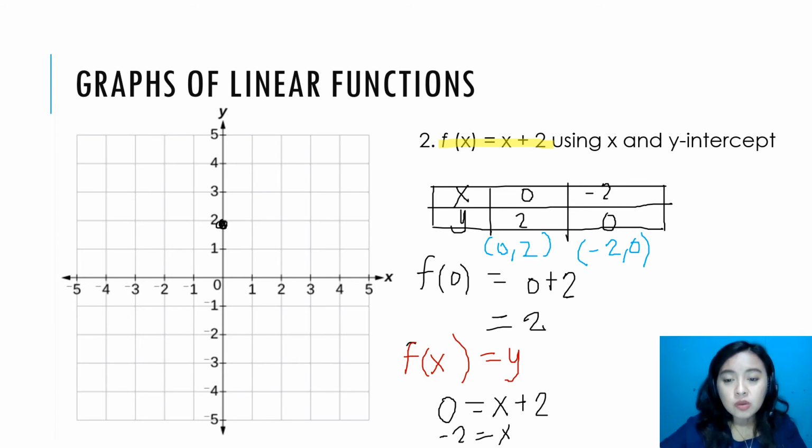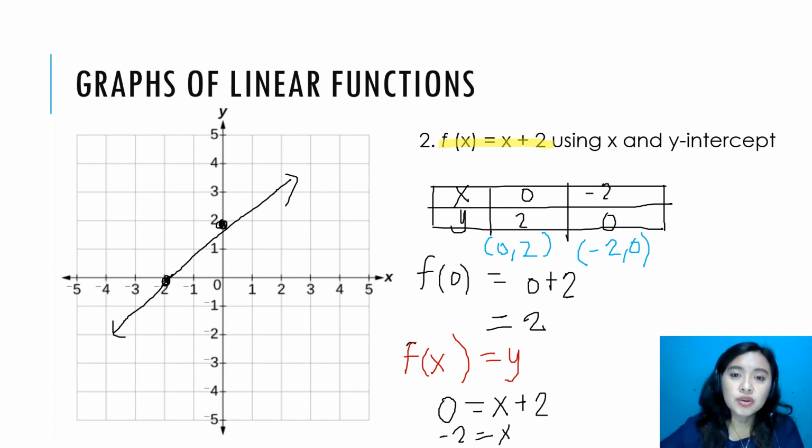For the other point, negative 2, 0, we can locate that here. And we will just connect both of the points to create our graph. So, if you can see, pareha ra gyud siya sa graph nga atong gihimo ganina. So, it doesn't matter what method you use. Kung unsay mas sayon nga method para nimo, you will still get the same graph.